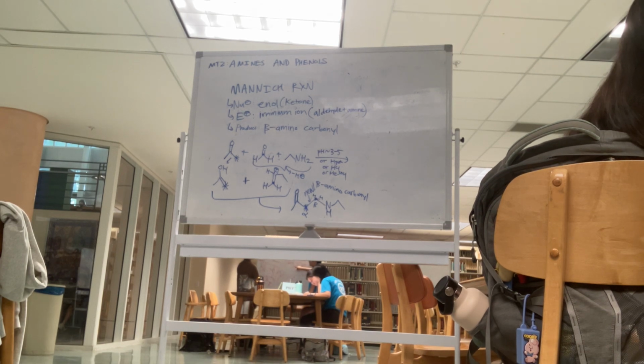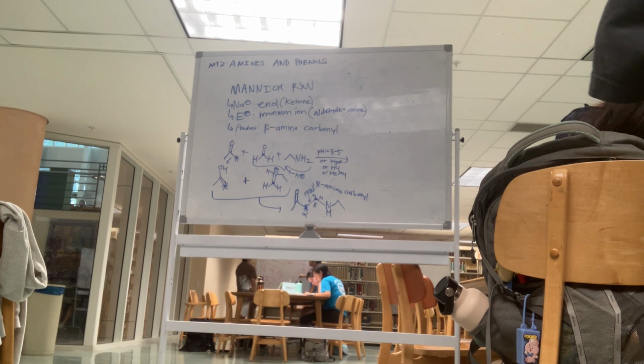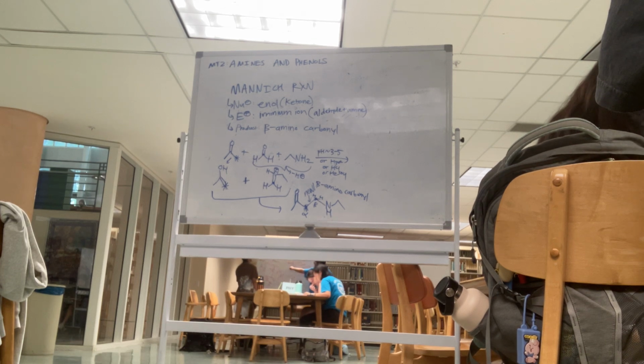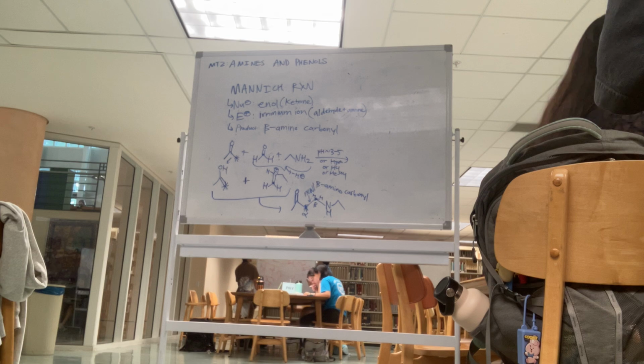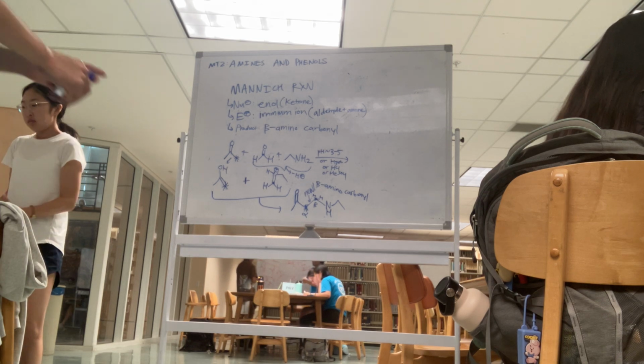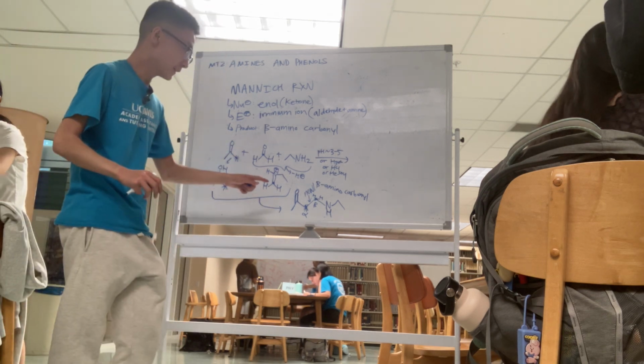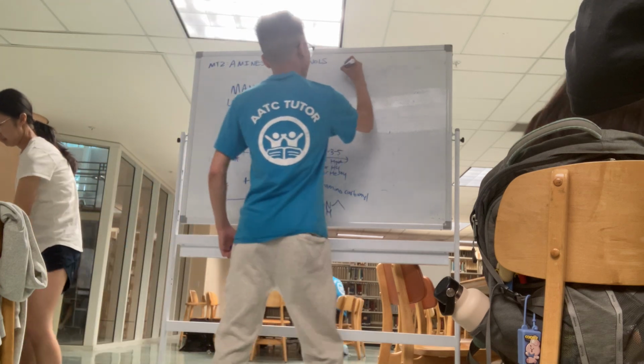And I'll teach you the retrosynthesis of that, like how to go backwards for synthesis. If you see a beta amino carbonyl, what cuts do you make to go backwards? Here's the disconnection for retrosynthesis.